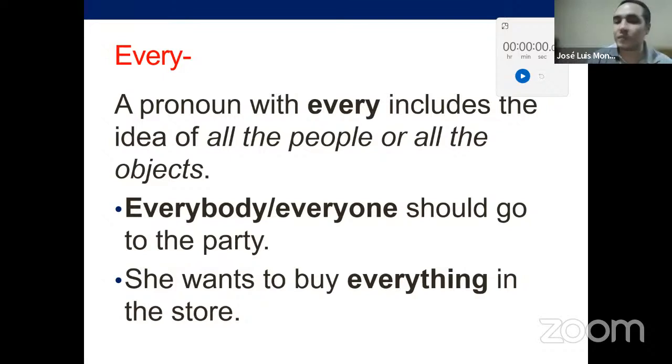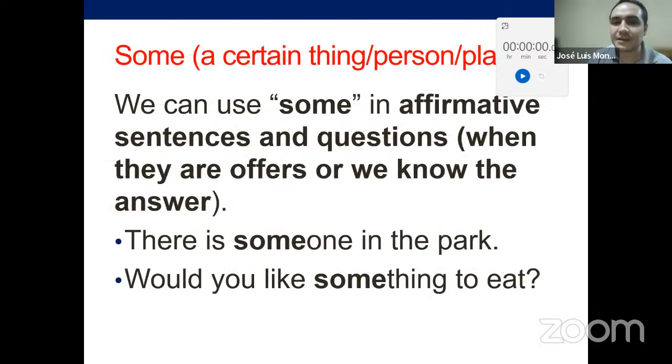Okay, that's very simple, right? I believe that everybody is very simple because you don't have things that make it different. You only have to be careful with any and no. Those can be confusing. The meaning can be different, and you have to be sure when to use that and when not to use it, right? And some is also, I believe, easy, usually in affirmative ideas.